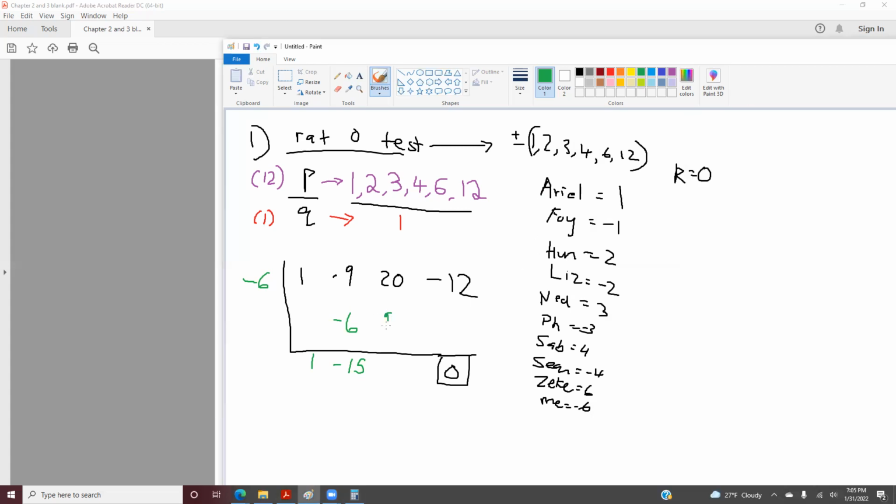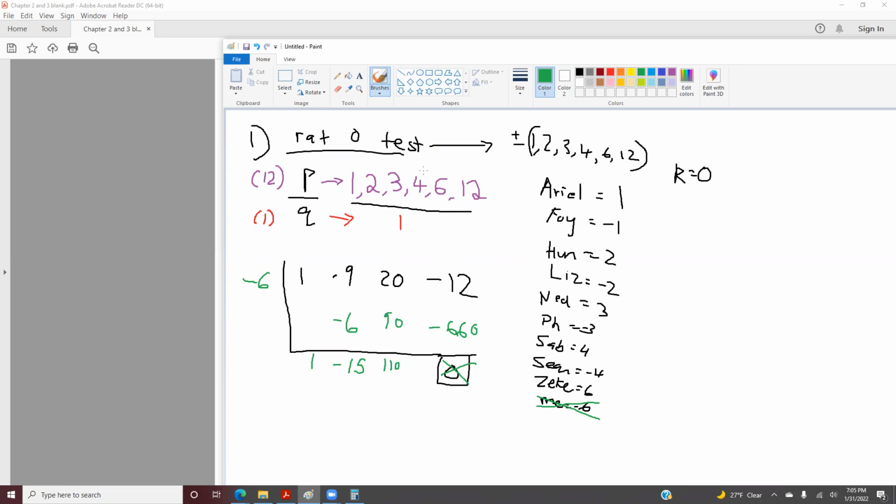This is what you have to do in my test. And this is not group work. This is individual work. So for me, -6, no, because the remainder is not 0. Again, our goal is to get remainder 0. And usually I would suggest you try the smaller numbers first. Don't even go to big numbers like 6 and 12 or fractions. So I would recommend you try 1, 2, 3, 4.